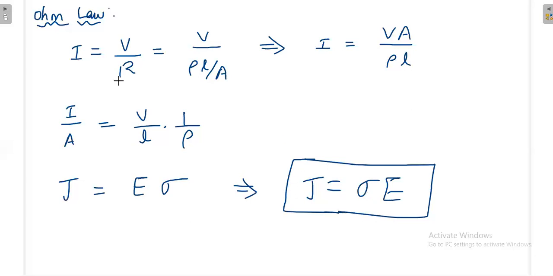I equals V by R is Ohm's law, and J equal to sigma E is also Ohm's law. So this is the point form of Ohm's law. J is equal to sigma E is called the point form of Ohm's law. This is very important.